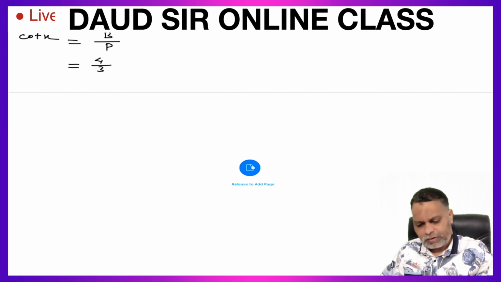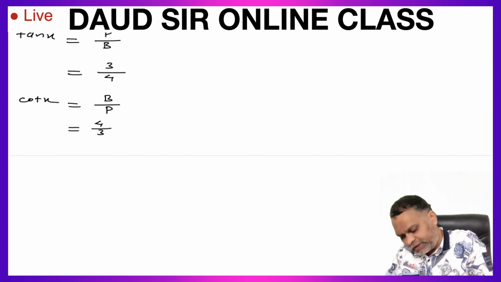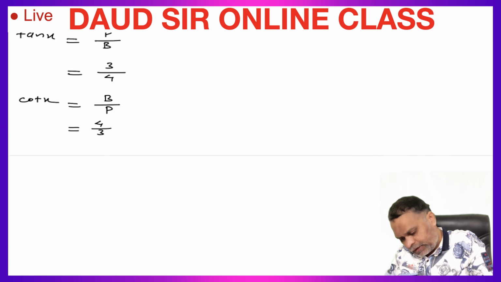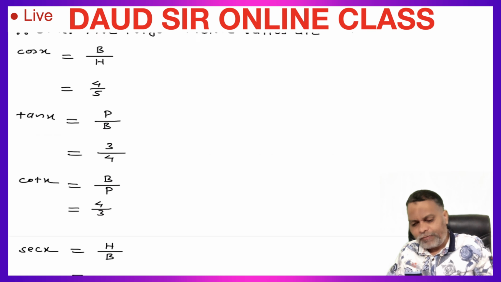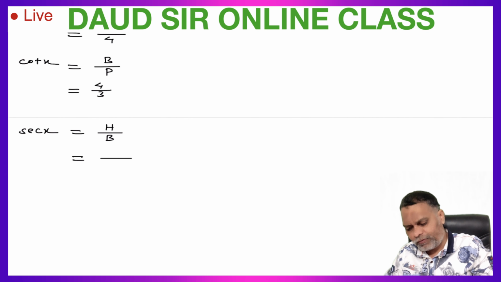Now cot, then sec x. Sec x is equal to hypo upon base, and sec is also positive in first quadrant. Hypo upon base, hypo is 5 and base is 4, so 5 upon 4 positive.